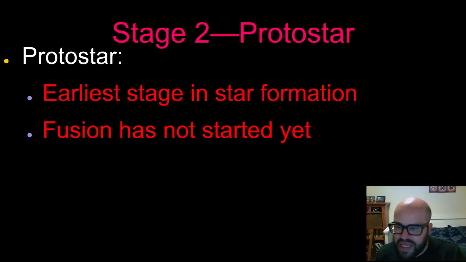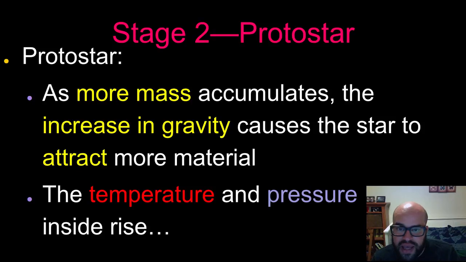But fusion hasn't happened yet, so it's not quite a star, because that's that threshold. If it has fusion, it's a star. If it doesn't have fusion, it's not a star. So as more mass accumulates, one dust particle hits another, hits another, and it just starts to snowball.